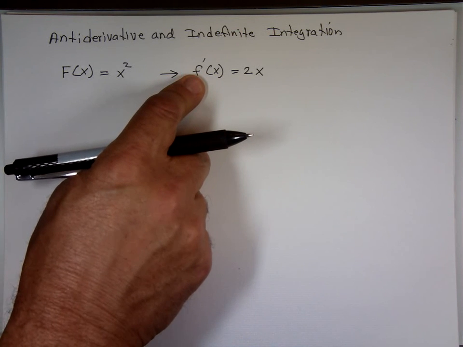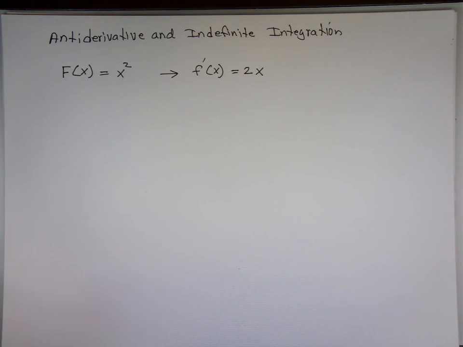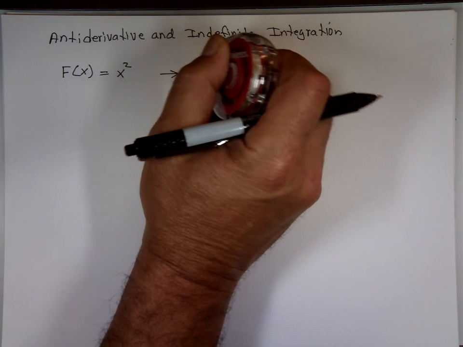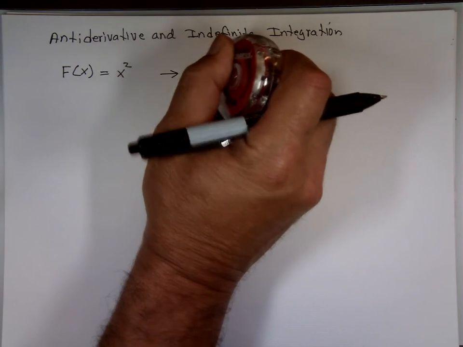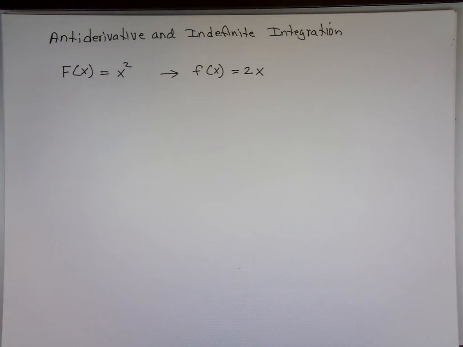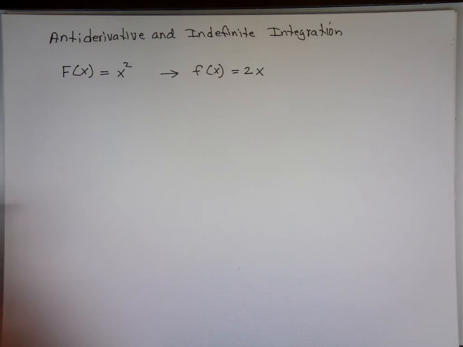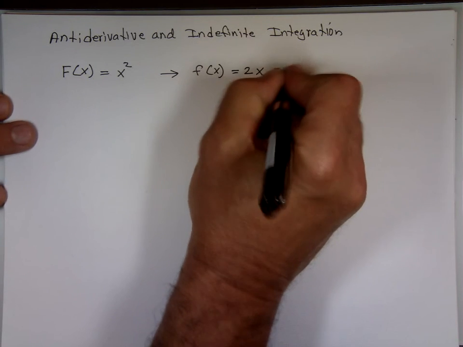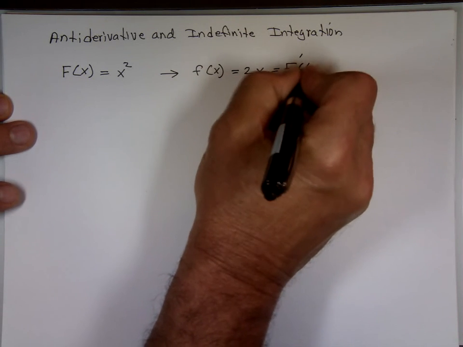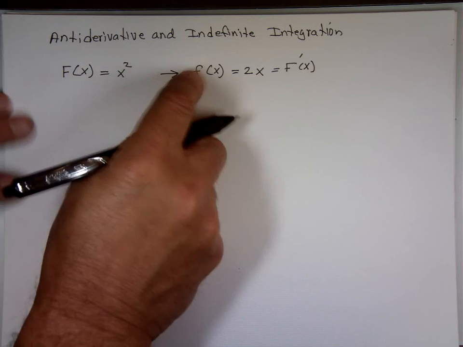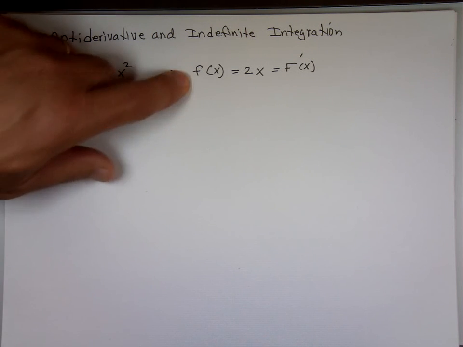A lot of times they just write f of x without the prime, just to indicate that it's the derivative. A lot of calculus books, when they use a lowercase, that indicates derivative without having to put the prime. If you wanted, you can write that as f prime of x like this, the derivative of that. But once you use the lowercase, that means derivative.